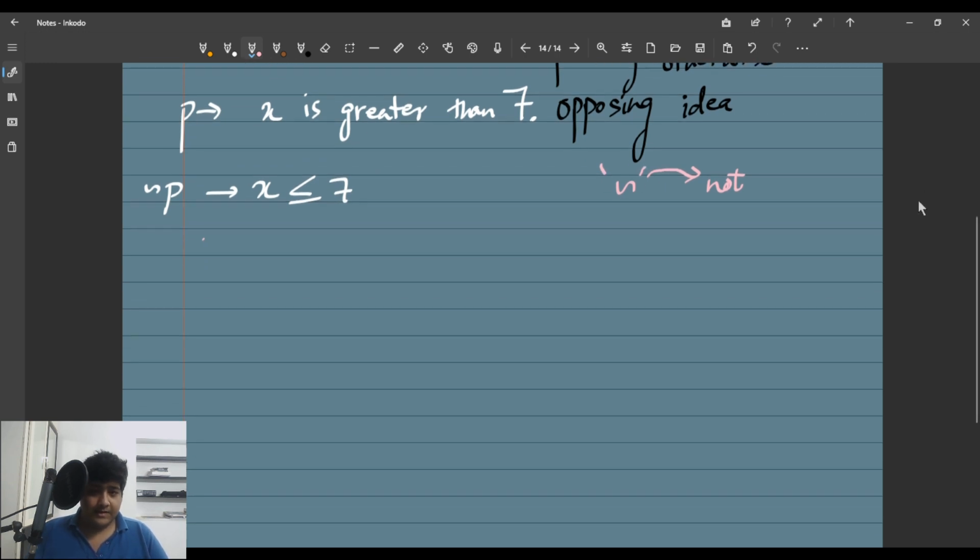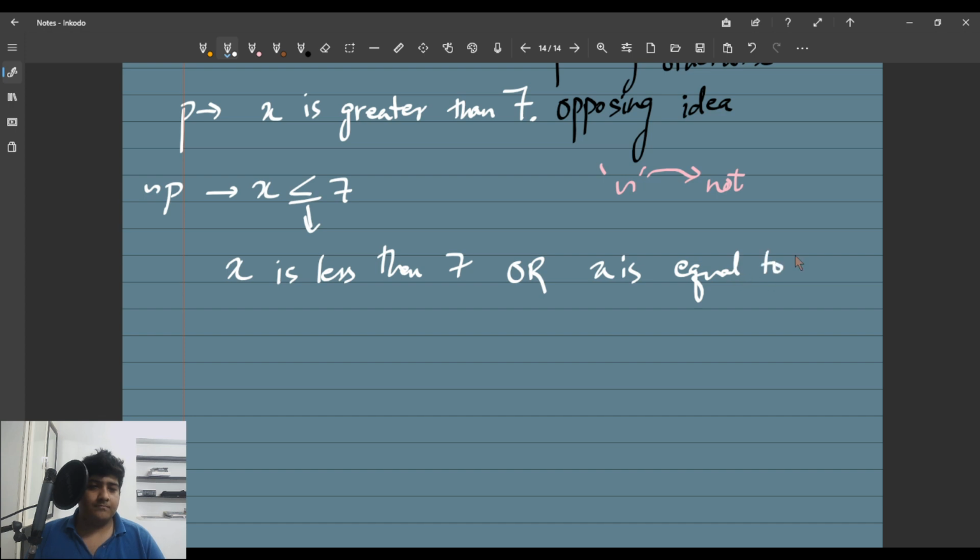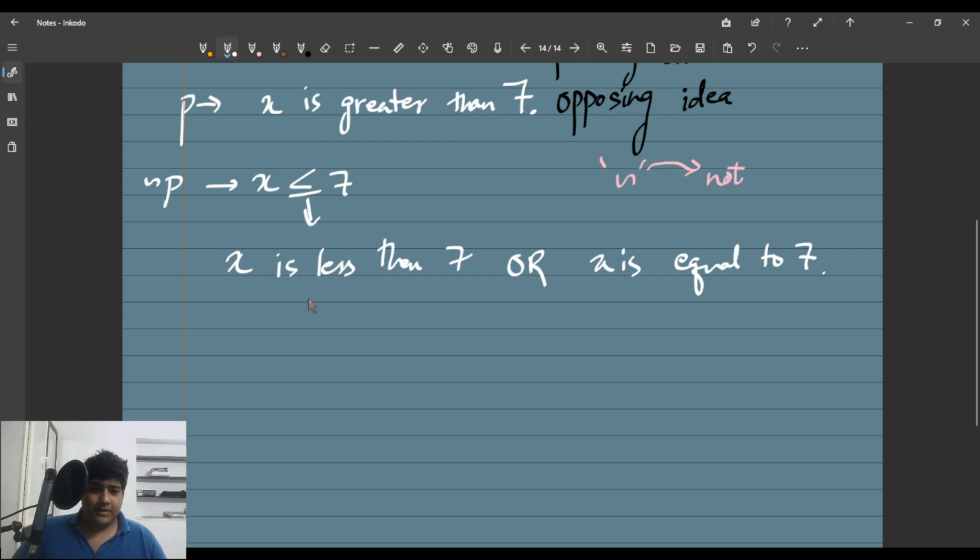So the negation of x is greater than 7 is actually x is less than or equal to 7, because this statement, I should have written it in English, x is less than or equal to 7, is actually two statements. x is less than 7 or x is equal to 7. If a person makes this statement, this is the exact opposite of p.